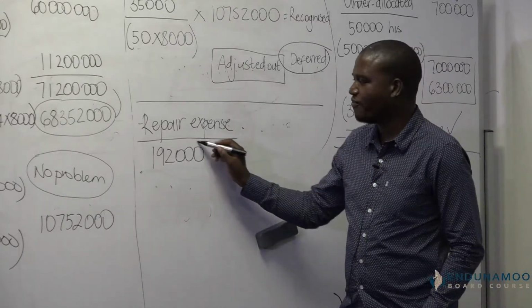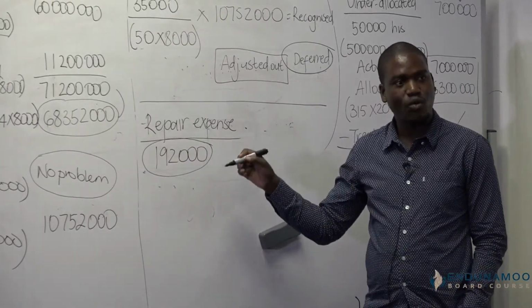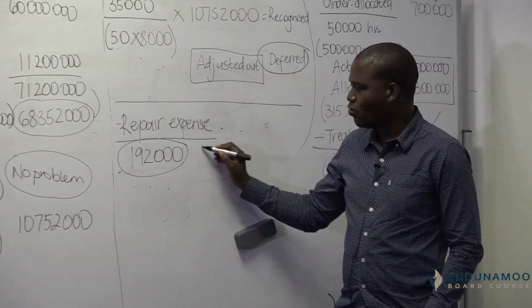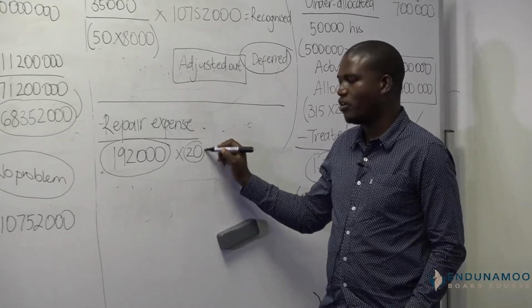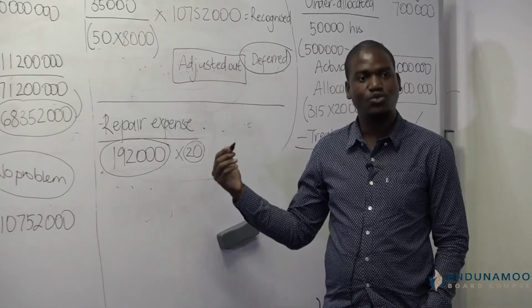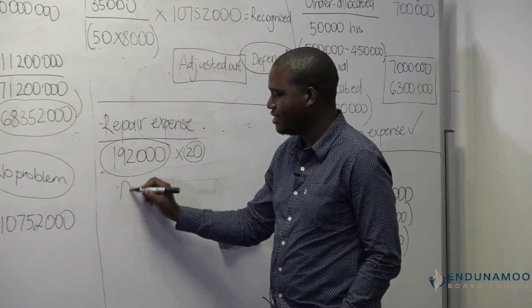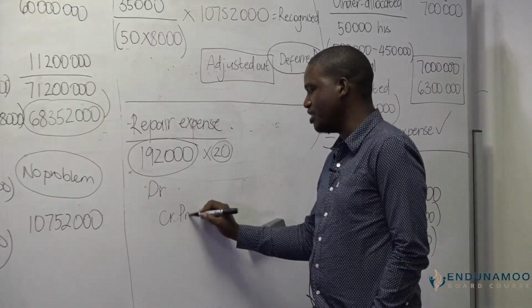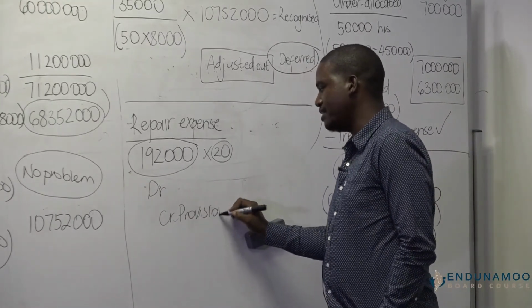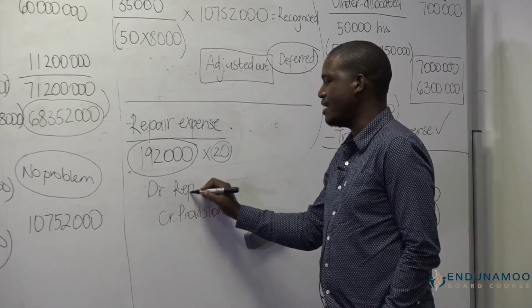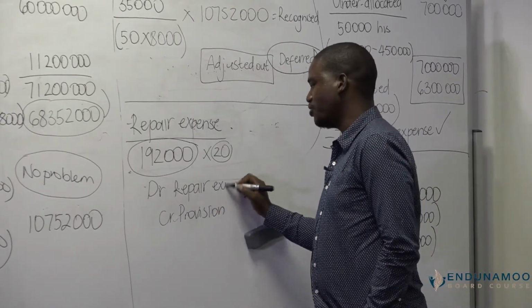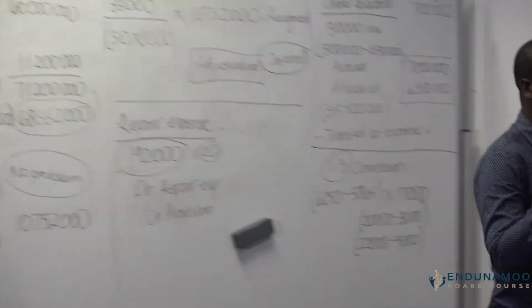So they need to provide for the 192,000, at the cost of fulfilling that performance obligation, which is 20. The journal entry will be credit provision to recognize this liability, but debit repair expense. That is what you would have needed to do. So the repair cost was understated. Are we clear?